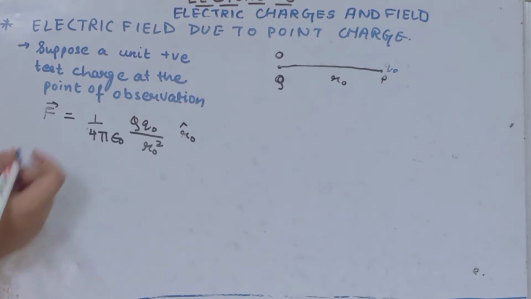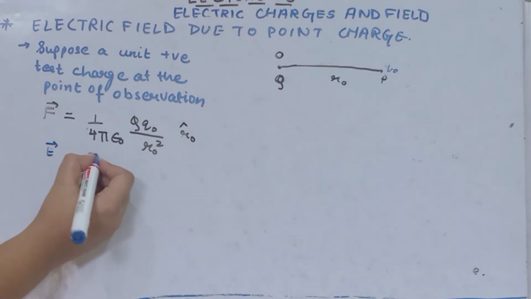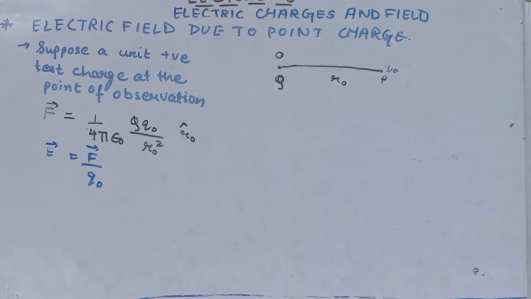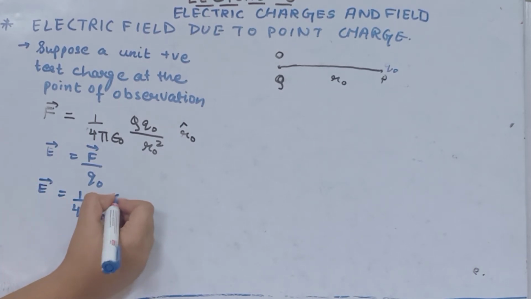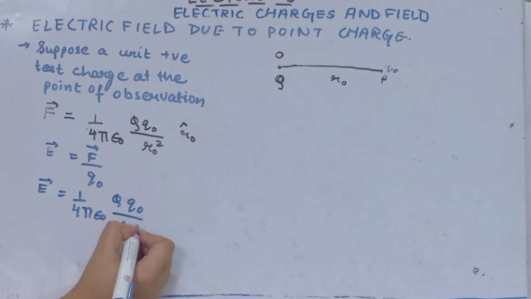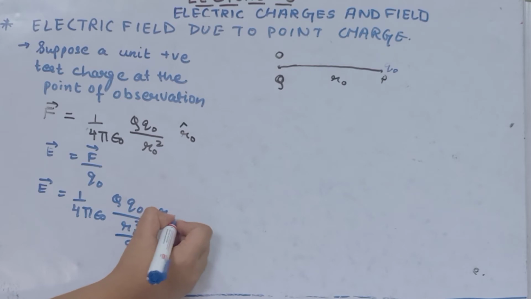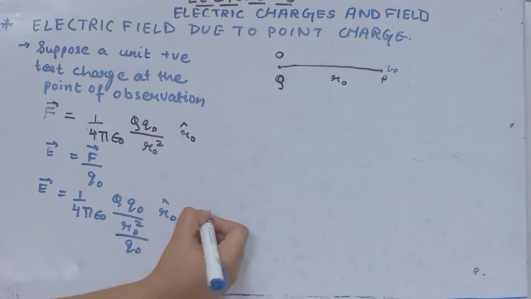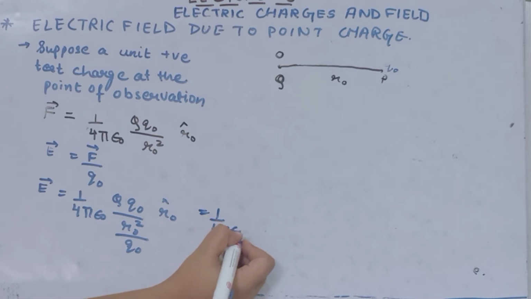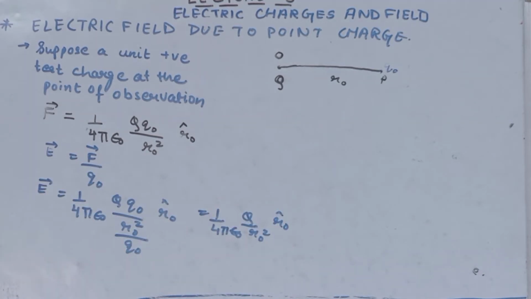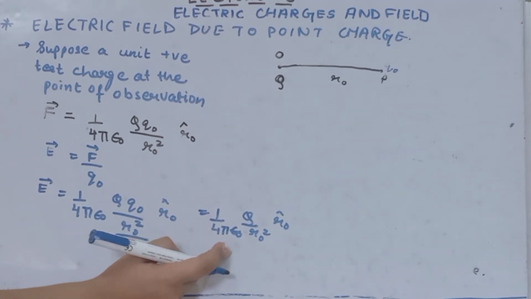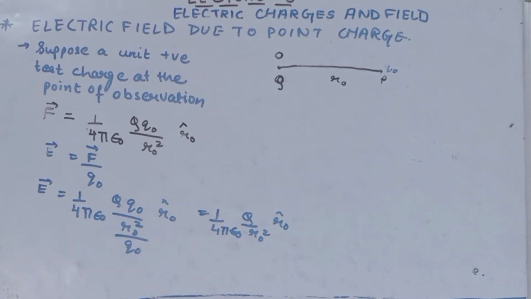Next, we know that electric field is nothing but F upon the test charge. So our electric field intensity becomes 1 upon 4 pi epsilon naught Q into Q naught upon R naught square upon Q naught into R naught cap. So this is nothing but 1 upon 4 pi epsilon naught Q upon R naught square into R naught cap. So this is the formula for an electric field due to a point charge.